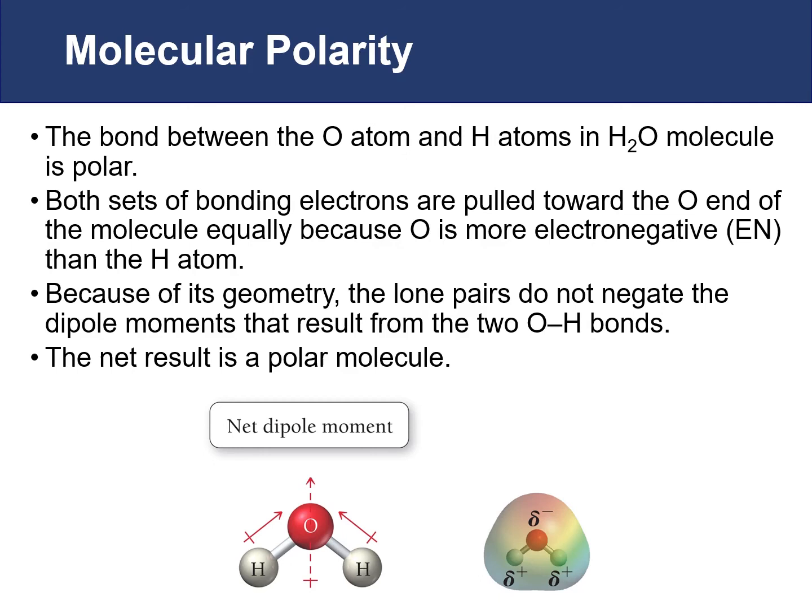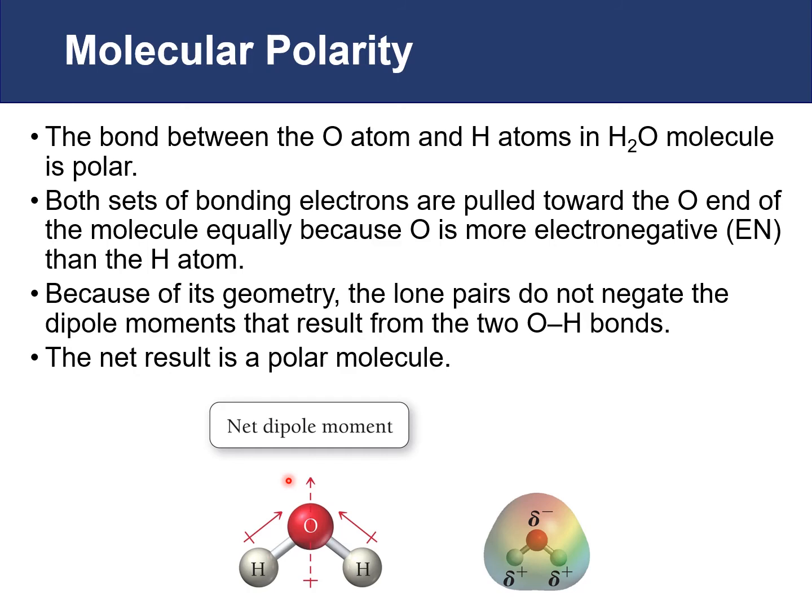Another example of a molecule that has polar bonds is water, H2O. The bonds between the oxygen atoms and hydrogen atoms in water are polar. Both sets of bonding electrons on each one of the bonds is going to be pulled towards the oxygen end of the molecule equally because oxygen is more electronegative than the hydrogen atoms.